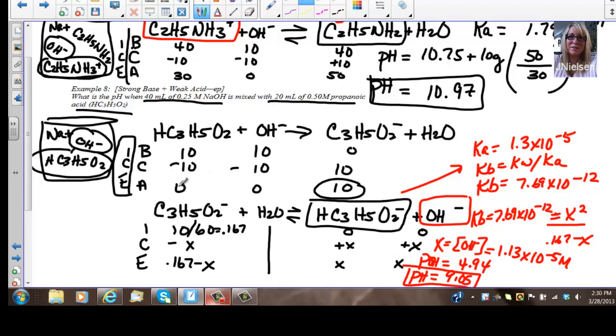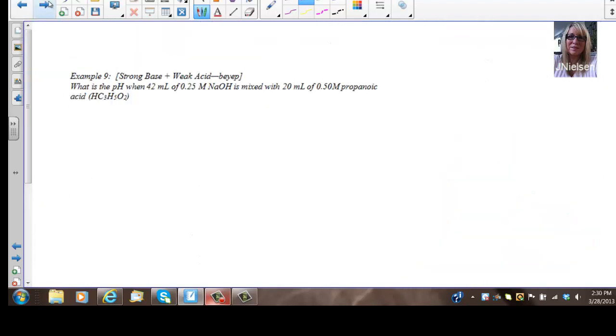So I had to wind up doing an ICE table afterwards because there was only one concentration left, and I didn't have an acid-base pair present in significant quantities to use Henderson-Hasselbalch. In 9, I've got a strong base and a weak acid. So again, I've got NaOH, and that's mixed with propanoic acid.